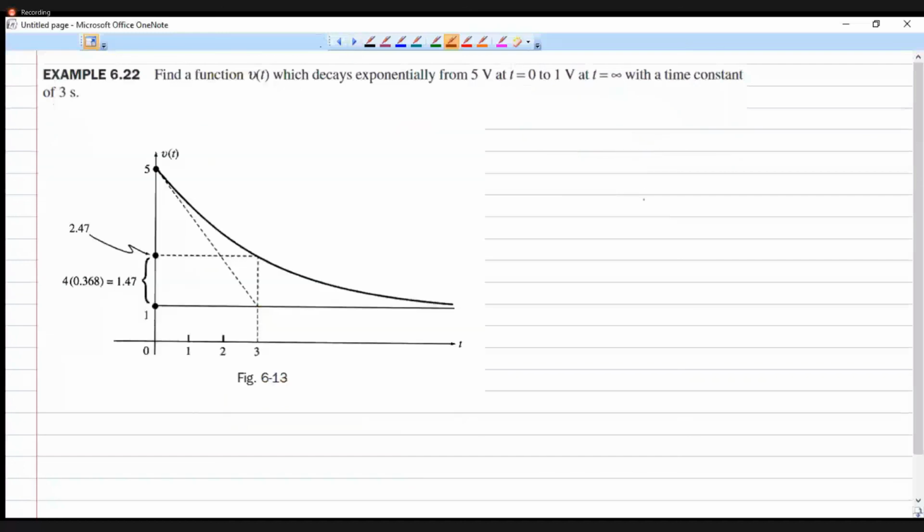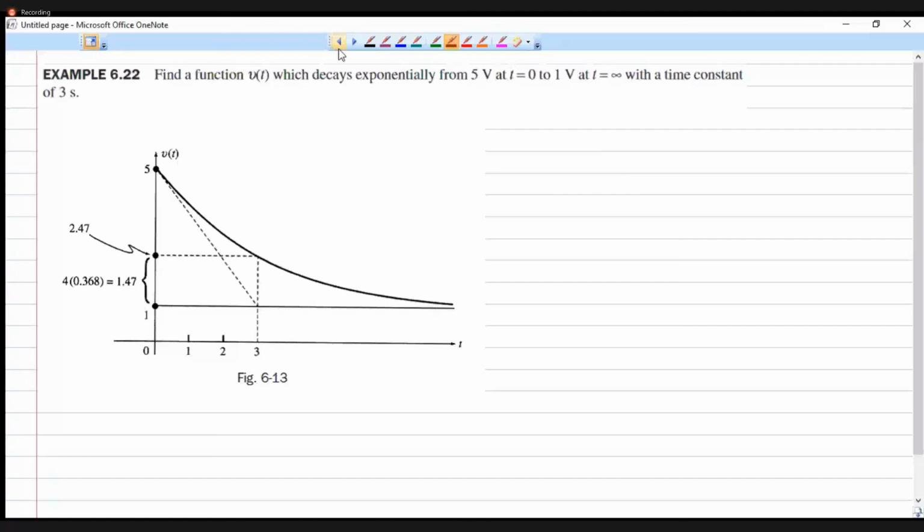Find a function v of t which decays exponentially from 5 volt at t equal to 0 to 1 volt at t equal to infinity. This is not a new question.